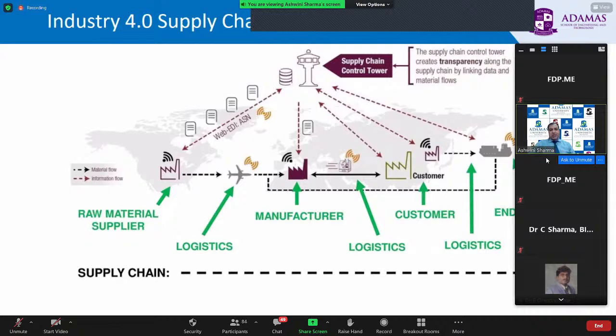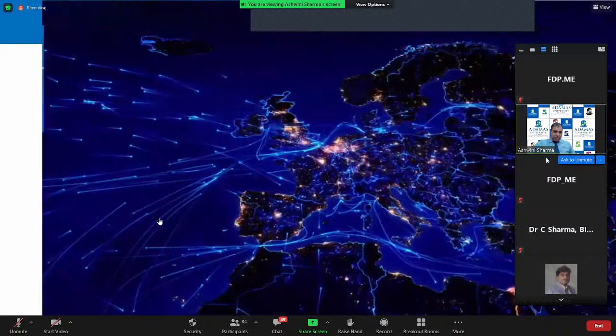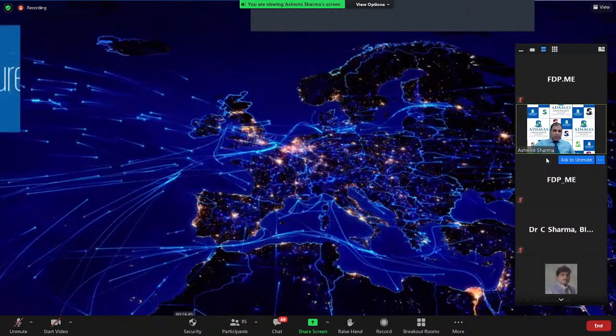So raw material is there, logistics, the manufacturer is manufacturing the thing, then comes logistics again, and then the customers, then again logistics, and then it goes to the end user. And everything is controlled in a seamless way by the supply chain tower. It is not a tower, it is something like a system which is in place, which is connected to all these entities. So let us just see this one.